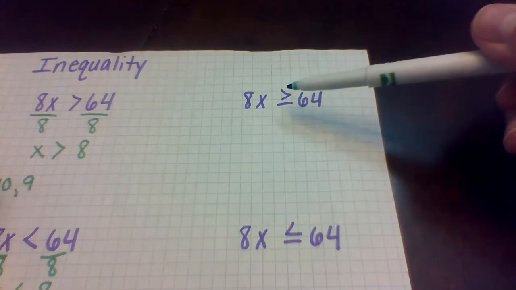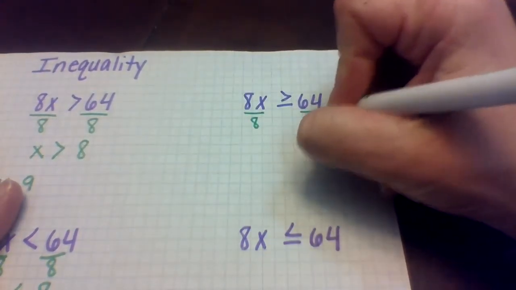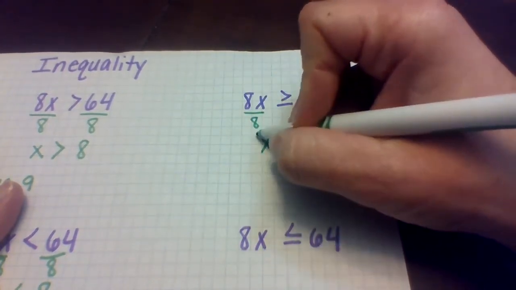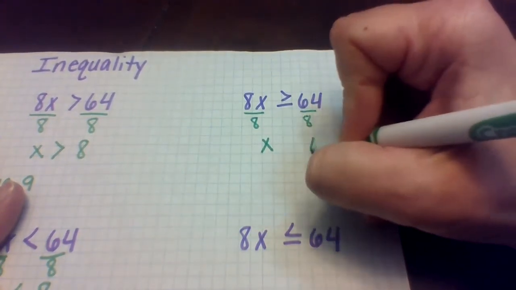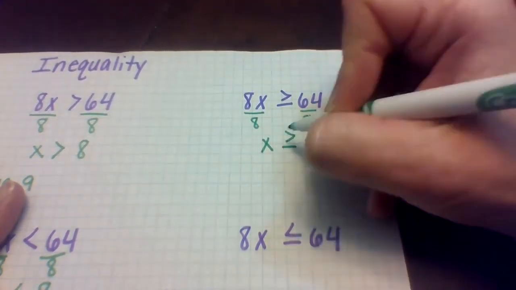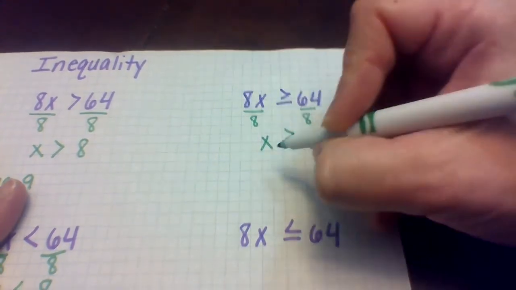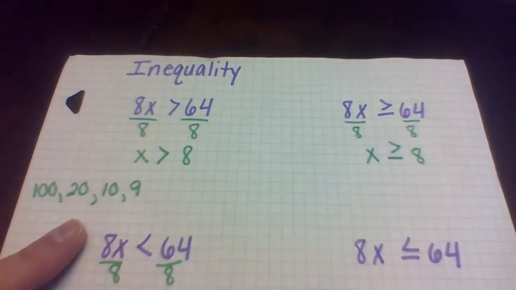Okay? Now, if I take a look at these other symbols here, this is greater than or equal to. So again, if I solve by dividing by 8, I know 8 divided by 8 is 1, so I have 1x left. 64 divided by 8 is 8. And my symbol here says x is greater than or equal to 8. So this time, I can use any of these numbers I have over here still.